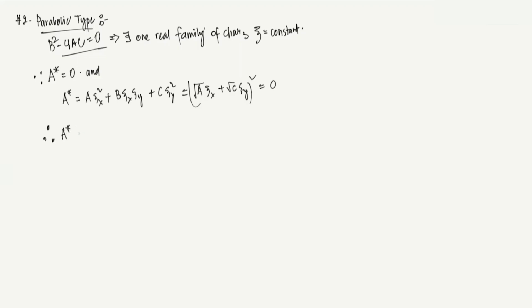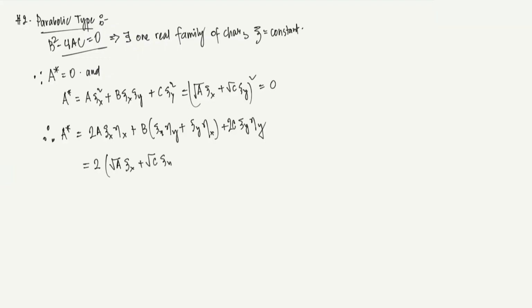It follows that b star is given by 2a xi x eta x plus b (xi x eta y plus xi y eta x) plus 2c xi y eta y. This is the expression we end up with, and we can write it as 2 times (root a xi x plus root c xi y) times (root a eta x plus root c eta y).